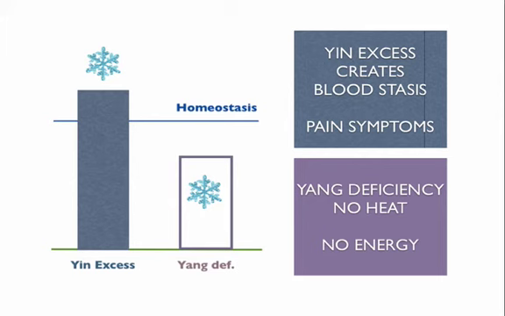Well, yin excess, or excess cold in the body, always congeals. It creates blood stagnation, meaning that it becomes an ice cube. So blood circulation is impaired, and the blood not being able to properly reach certain areas is going to cause pain symptoms. So excess yin is going to stop blood circulation and create pain.